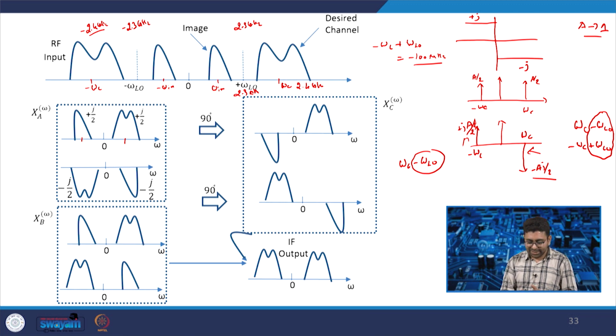Then, the 90-degree phase shift. Now, we know the 90-degree phase shift. How to add a 90-degree phase shift? Multiply the positive frequency with minus j. So, if you multiply this with minus j, then this will be positive, that is 1 by 2, and if you multiply this with plus j, this is minus 1 by 2.